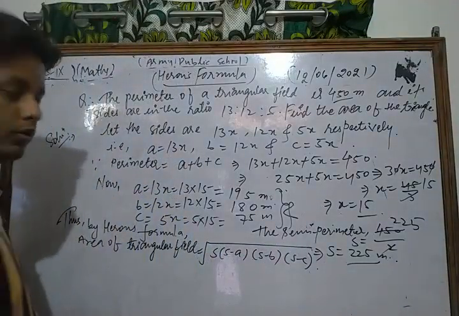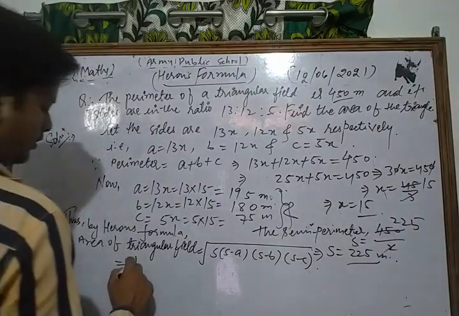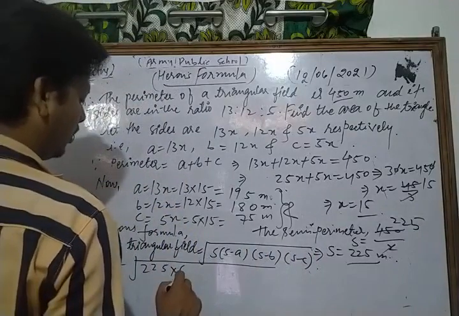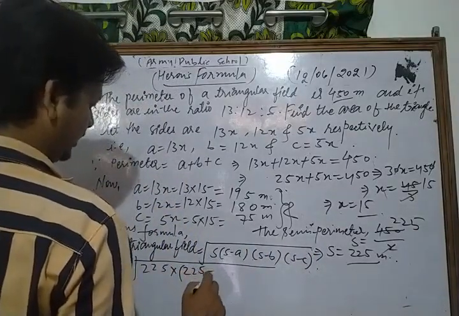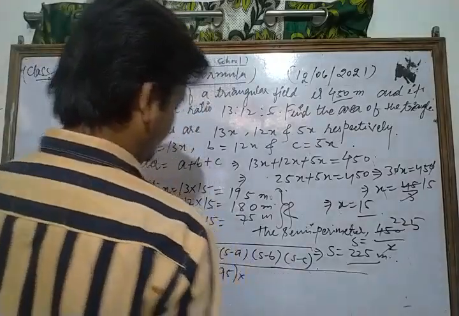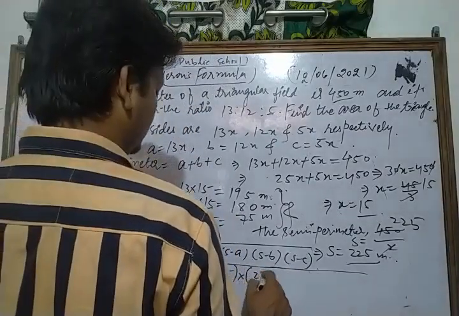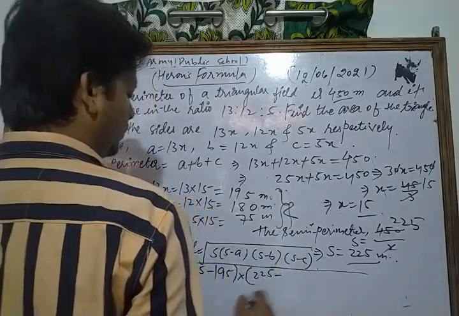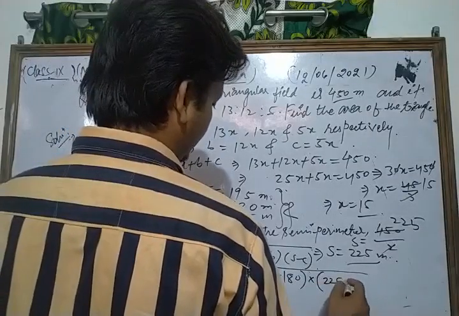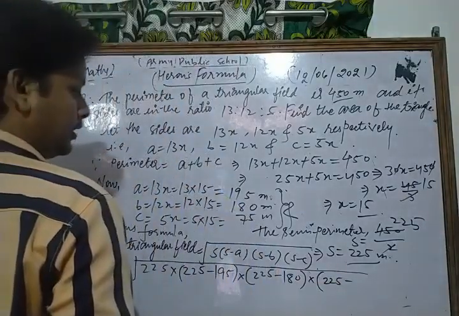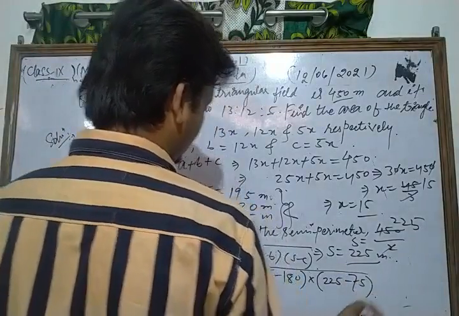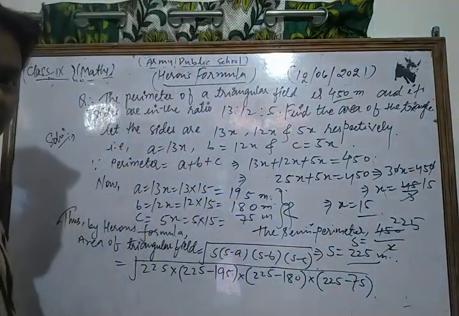Now we put in the values of s, a, b, c. s is 225 into (225 minus a, which is 195) into (225 minus b, which is 180) into (225 minus c, which is 75). Okay, now we simplify them.